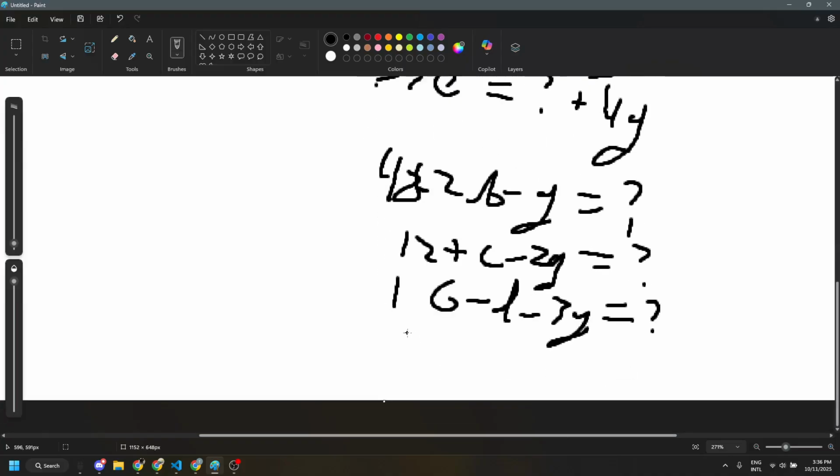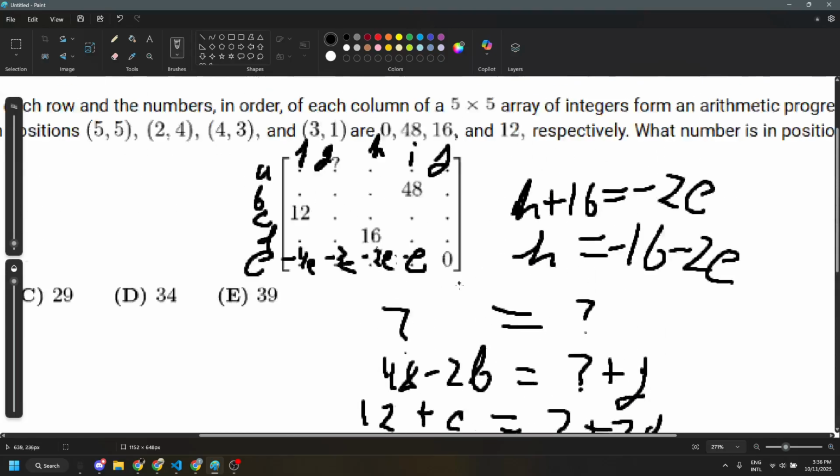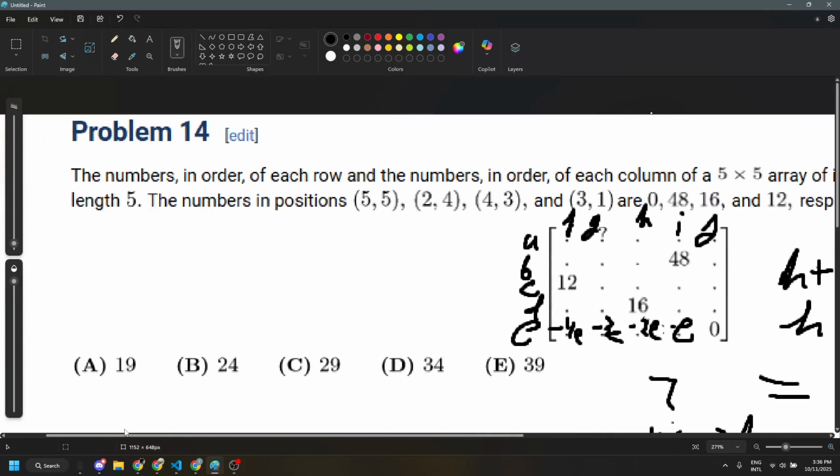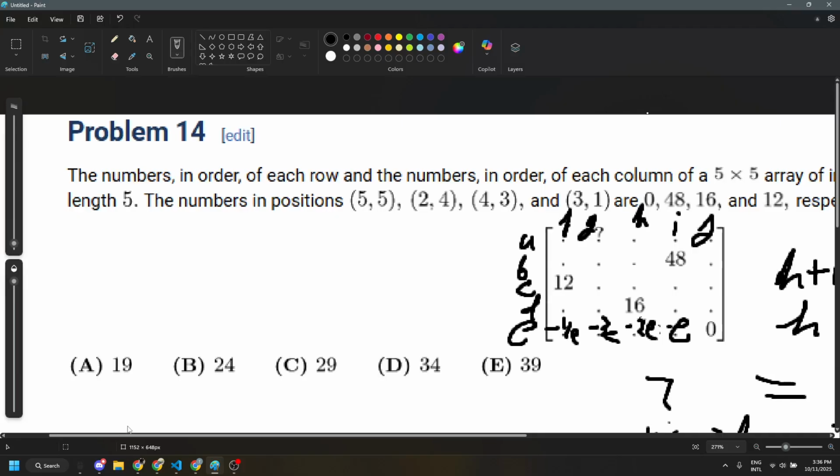And negative 3e minus 4g is equal to question mark. And now setting them equal to each other, we can't really do anything with that. Maybe we need to look at our options and assess from there.